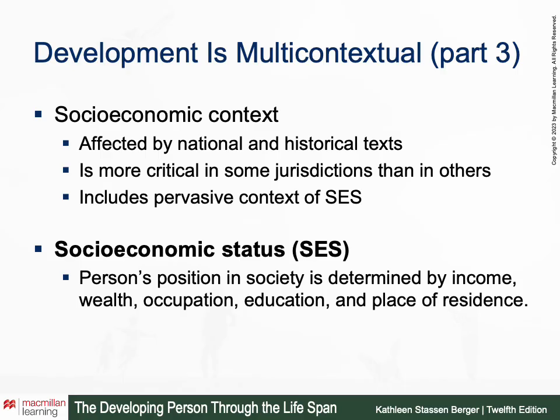And socioeconomic status has been shown to have quite an impact on development. People of higher socioeconomic status who have stable housing, stable family life, stable food security, all of those things, education, tend to have an easier time reaching those improved outcomes.